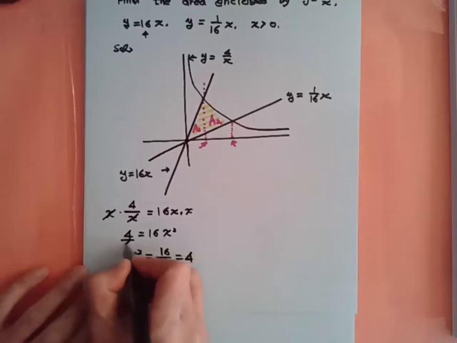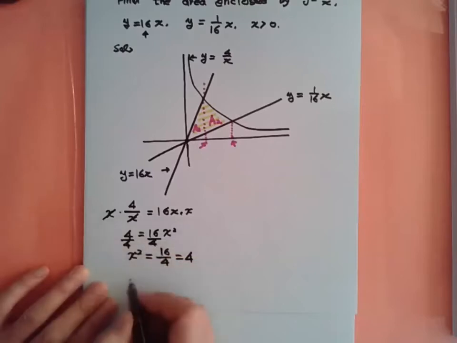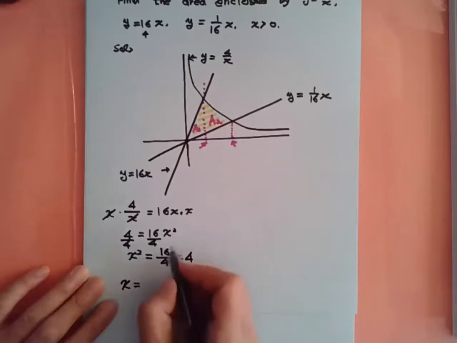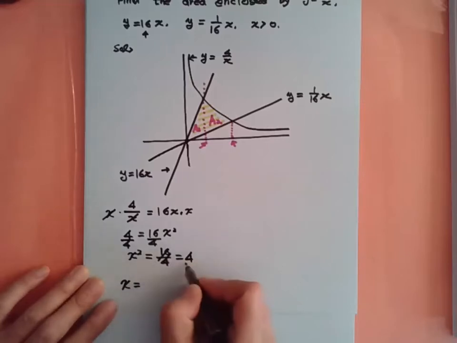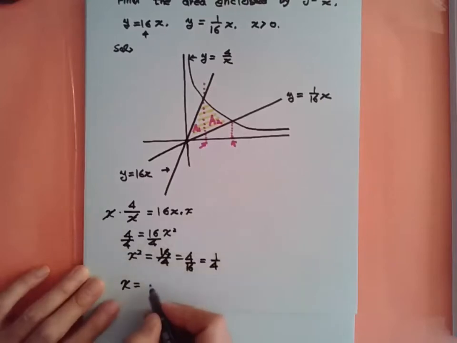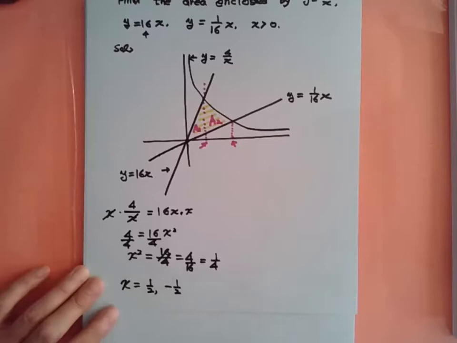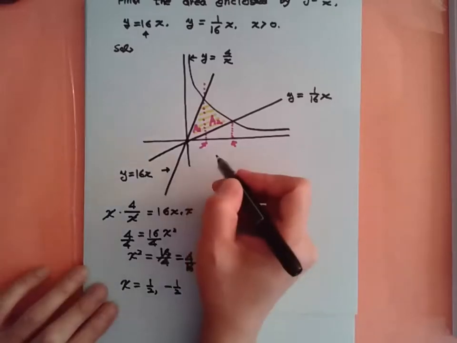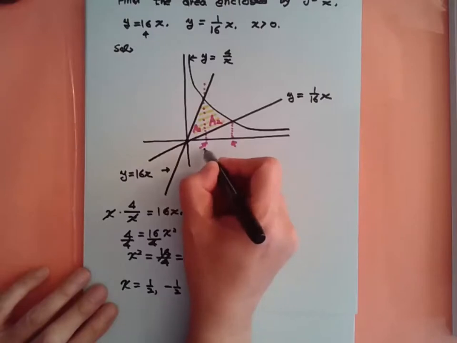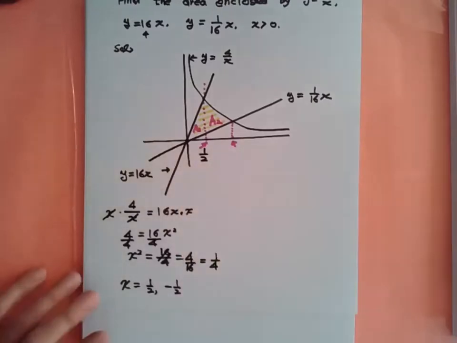We divide by 16 on both sides. So x becomes plus or minus 1 over 2, but we are thinking about the positive part. So this is 1 over 2.